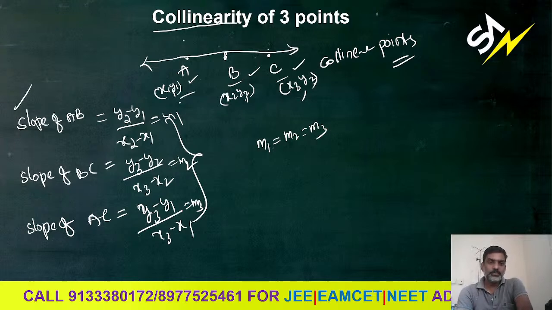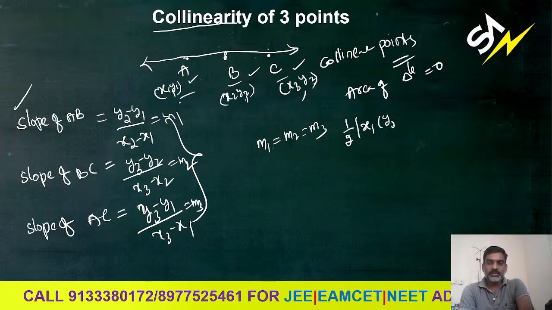What is the other way? If these 3 points are lying on the same line, then there is no triangle. Then the area of the triangle must be 0. Already we know the formula for area of a triangle. What is that? Half modulus of x1(y2 minus y3) plus x2(y3 minus y1) plus x3(y1 minus y2).